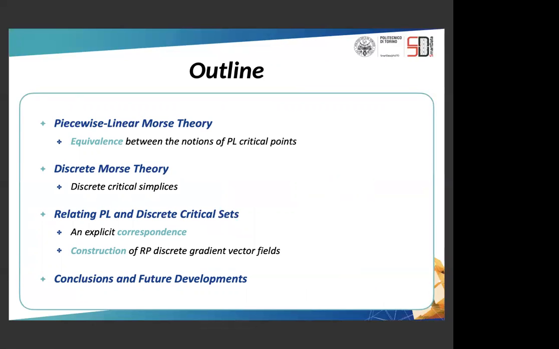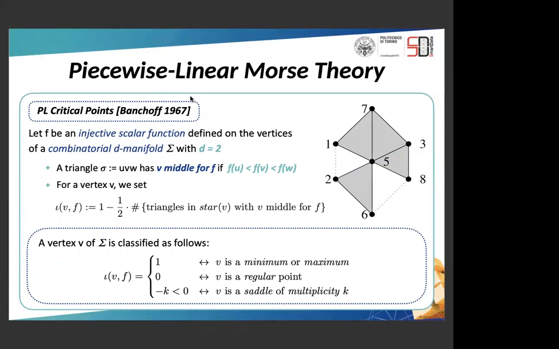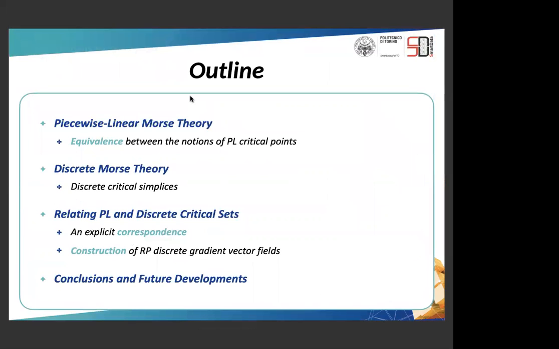First of all, we will draw some background notions in piecewise-linear Morse theory and in discrete Morse theory, focusing on the definition of critical elements. In particular, for the PL case, we will see that there are several notions of critical points, and we will prove the equivalence among all these notions given in the literature.